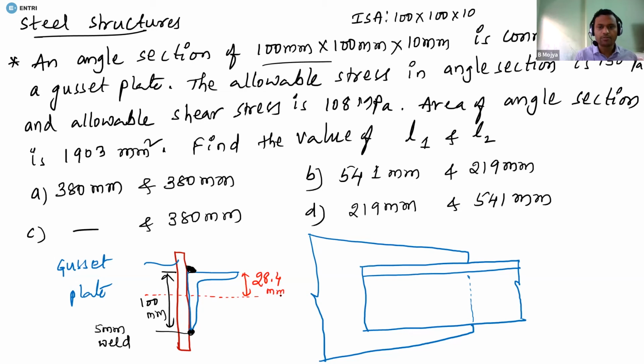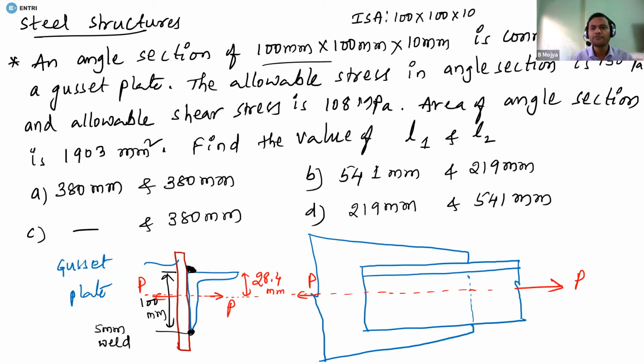The same you can also represent in the plan. It will be like this. So the total load will be passing like this. Total force, if I take it as P, then P will be passing through this point. So this is what is given in the question.